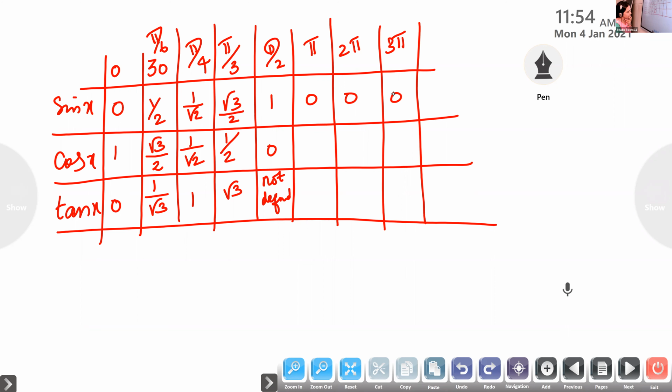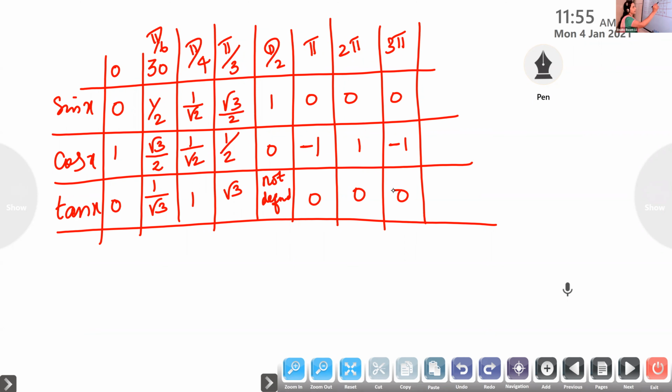Odd multiples of pi will be -1 and even multiples of pi will be 1. What about tan? It is sine by cos. It is 0, 0, 0.